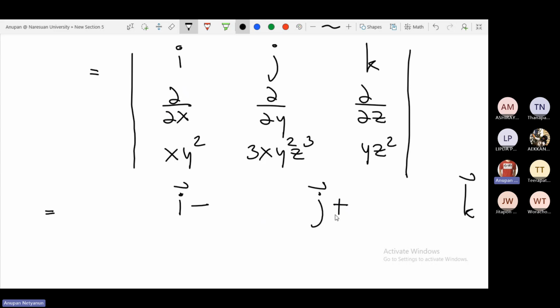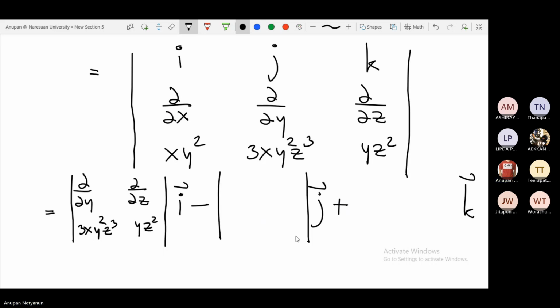Okay. And then if you want to know the coefficients of I, close the column that has I and close the row that has I. So you are left with this. Okay. So you have partial by partial y, 3xy squared z cubed, and then partial by partial z, and then yz squared.